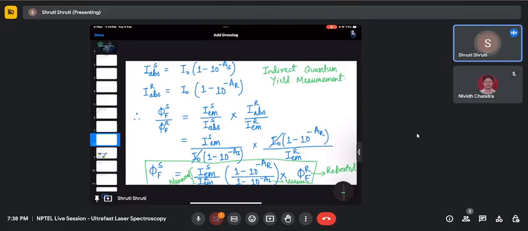Okay, and one more thing is that this dispersion is not linear.